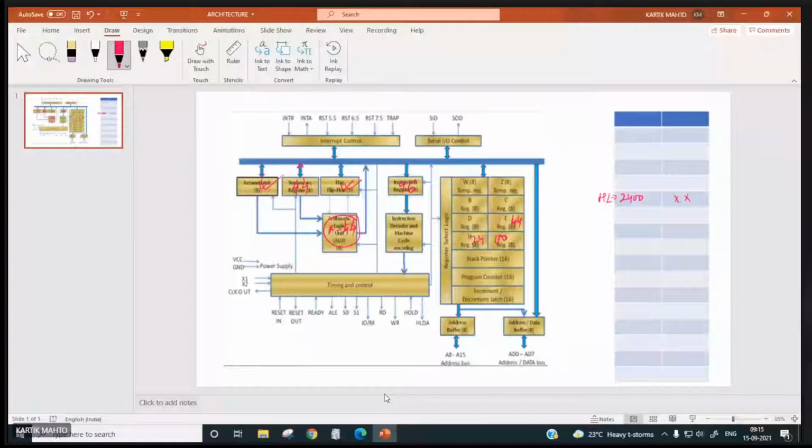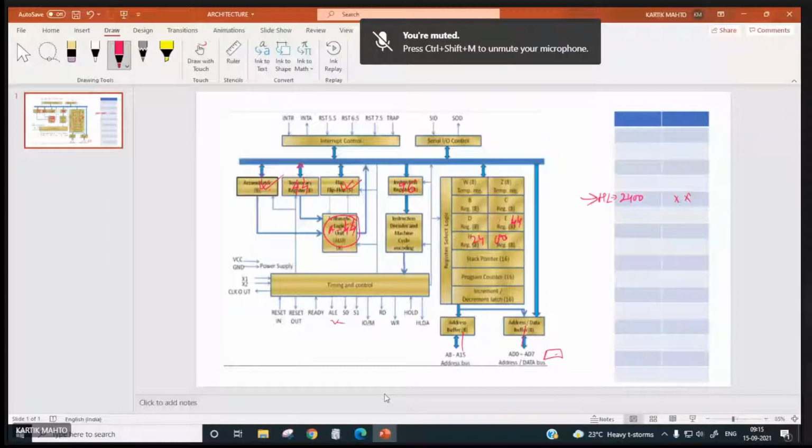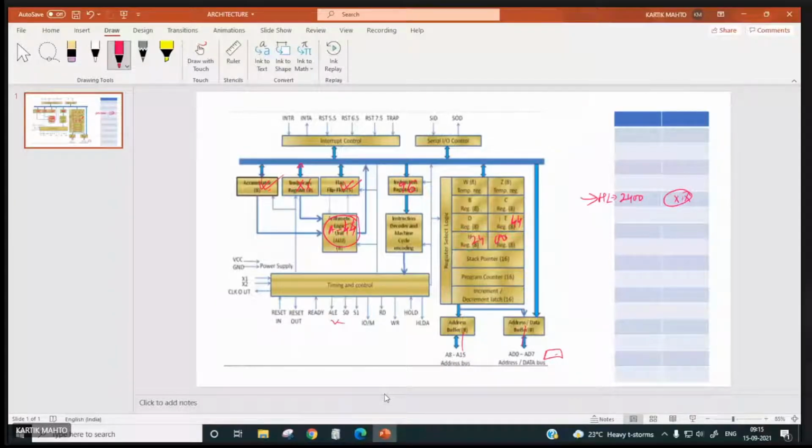This will be latched to the external latch, and then it will point over here. Then RD bar will be made low. This XX will be copied over here. Now A minus XX will be performed and the result will be stored back in the accumulator. Based on the result, flags are going to be affected.